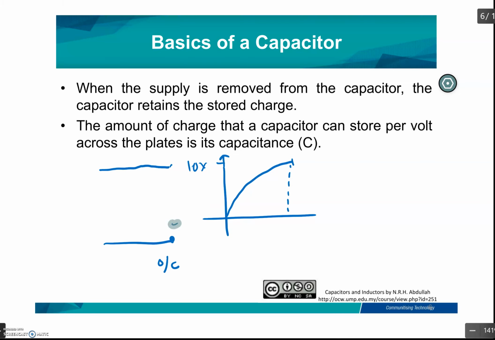If you connect it with a load, for example an RL load, the capacitor will act like a voltage source to the load, and it will start discharging until 0. So this is charging, and this is discharging.